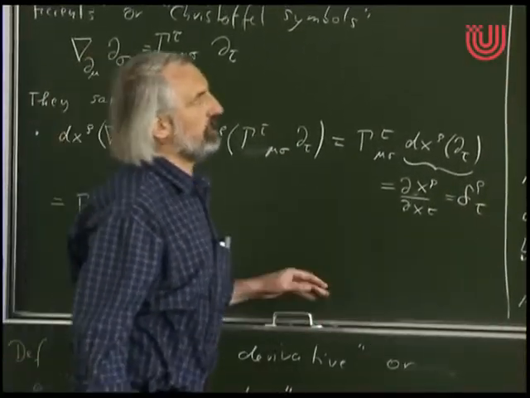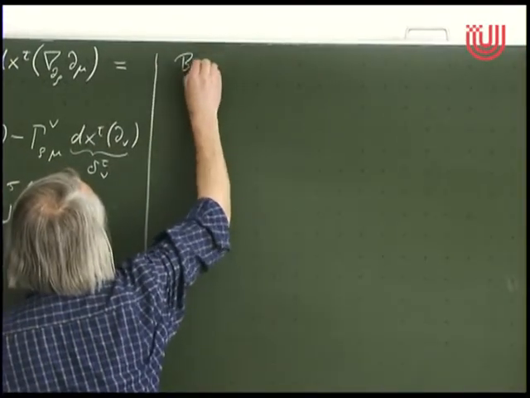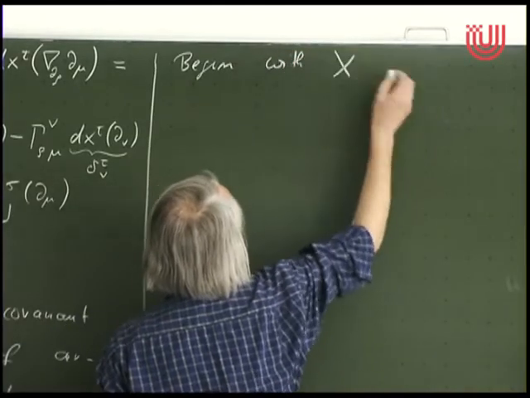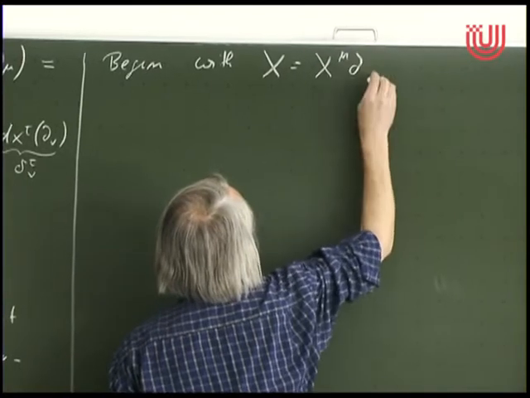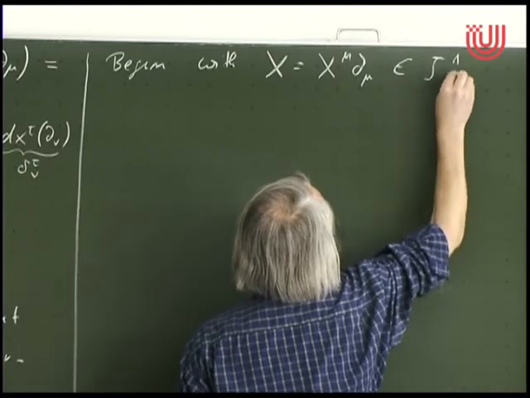So we begin with vector fields. Begin with a vector field, so that's something of this sort, X^μ ∂_μ, and it's supposed to be a vector field.